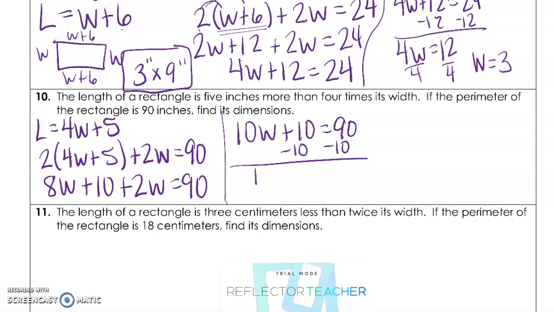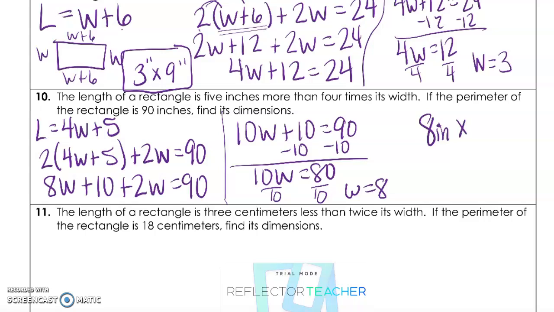Subtract 10. 10W equals 80. Divide, W equals 8. So again, we want our dimensions. So 8, I'll write IN for inches. You can either put the quotation marks for inches, or you can write out IN for inches.